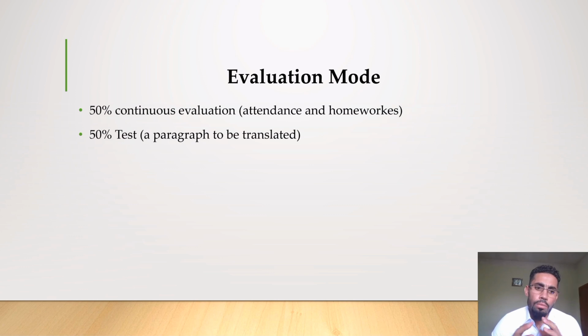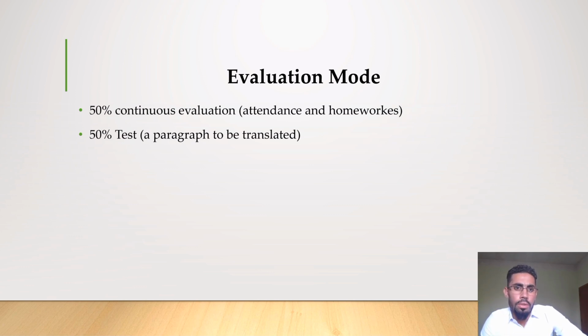The evaluation mode: how to evaluate students' knowledge, or students following this course. 50% is a continuous evaluation. It means attendance and homeworks. If the mark is 20, then 5 for the attendance and 5 for the homeworks.